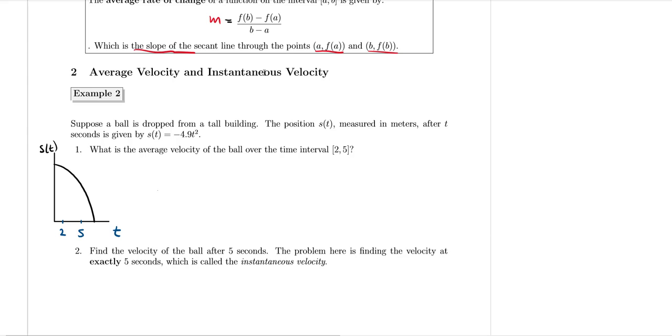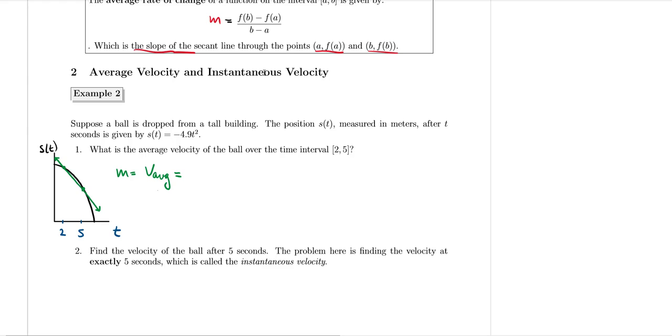What we want to do is find the average velocity, which, remember, is the slope of the secant line. There we go, there's our secant line. So what is the slope? The slope, which is the average velocity, is given by the change in position, the change in the y's.